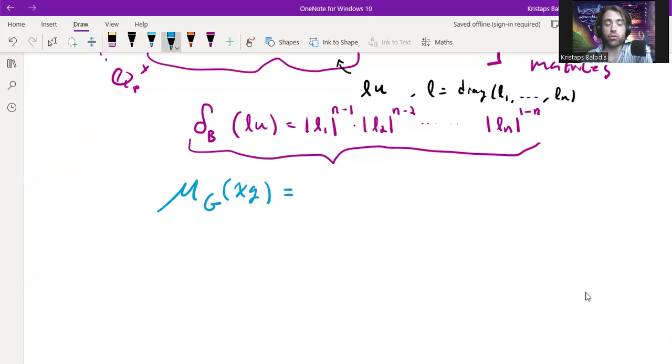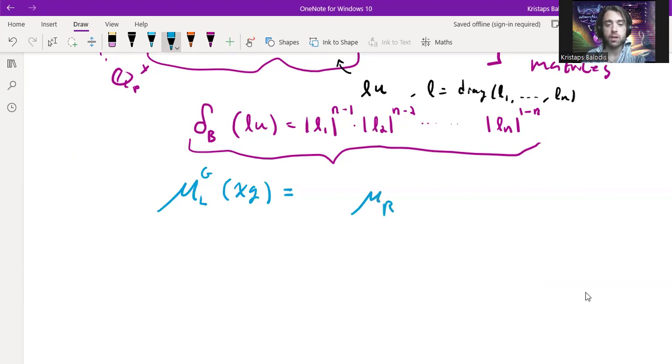But there's also correspondingly, so you get this God-given left invariant Haar measure on our group G, and you also have one that's right invariant.